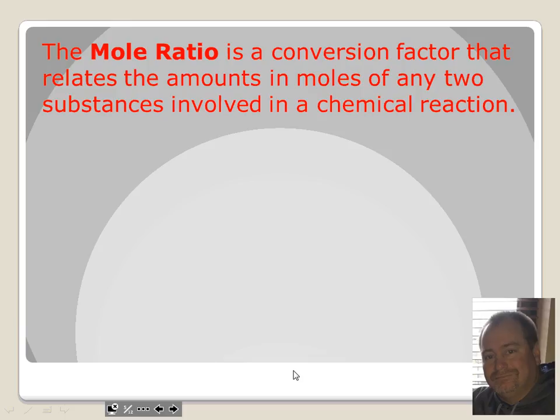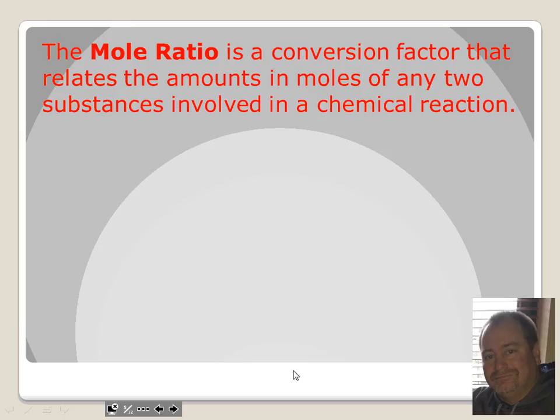Mole ratio? The mole ratio is a conversion factor that relates the amount in moles of any two substances involved in a chemical reaction.